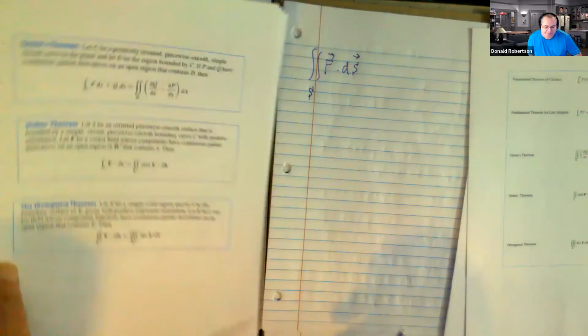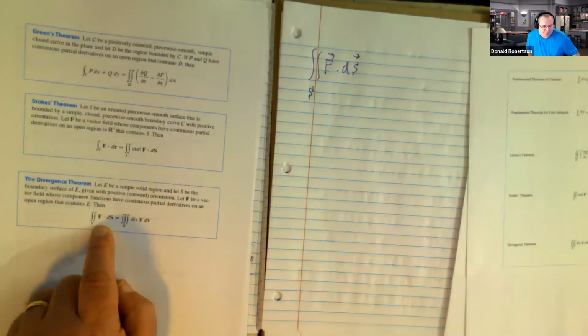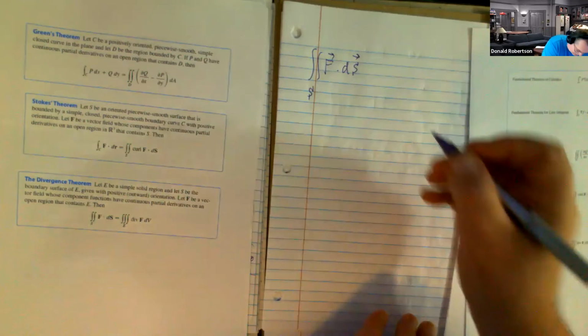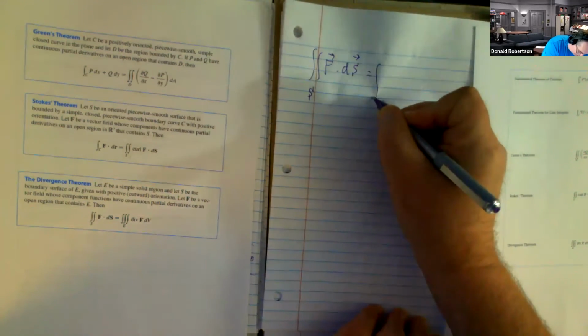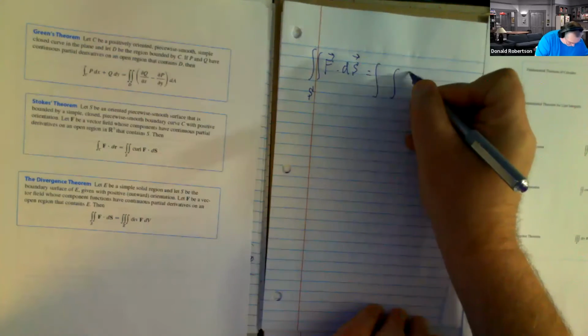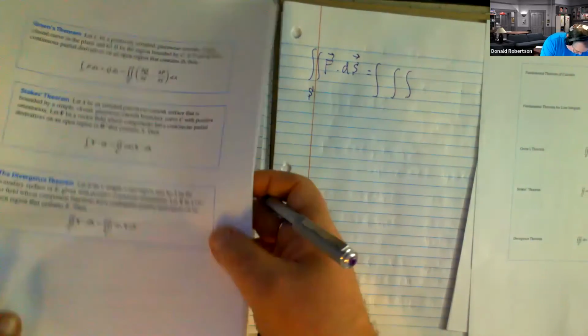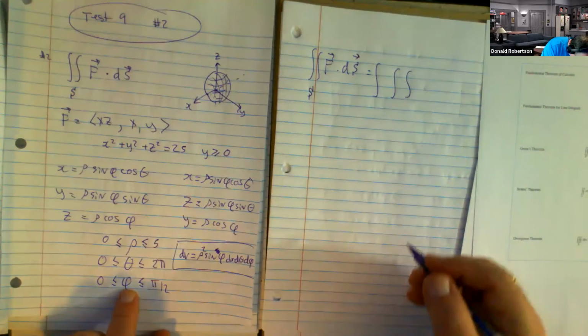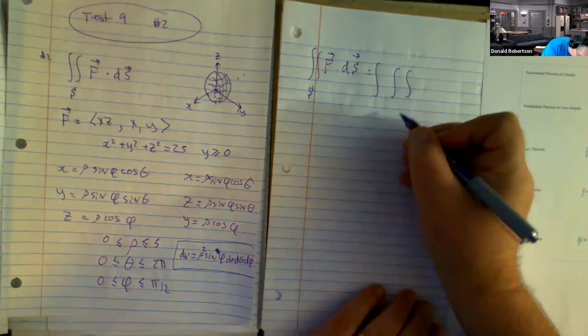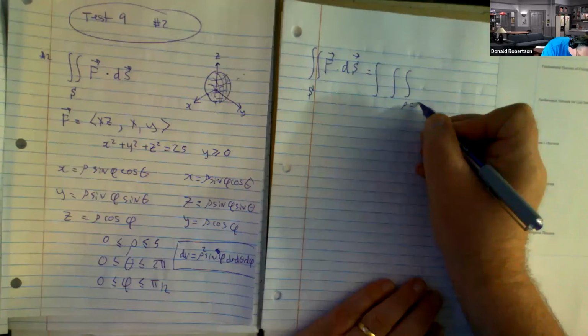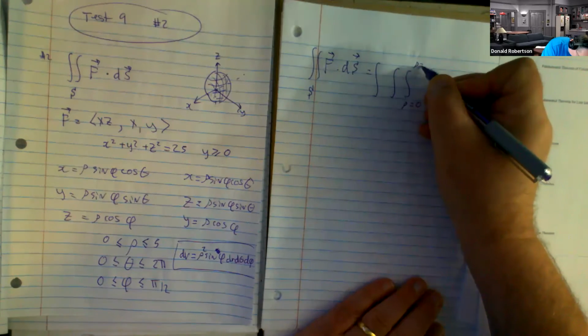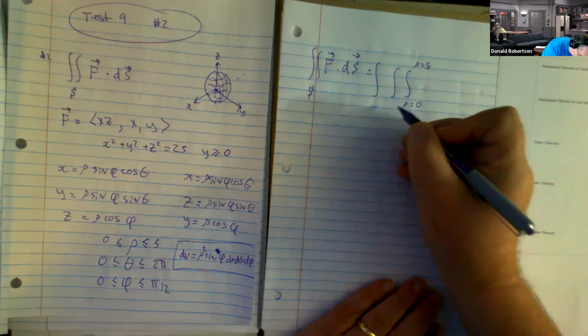Isn't it this guy? Going to turn into this guy. So the limits of integration are going to be rho equals 0 to rho equals 5. Theta equals 0 to 2 pi.